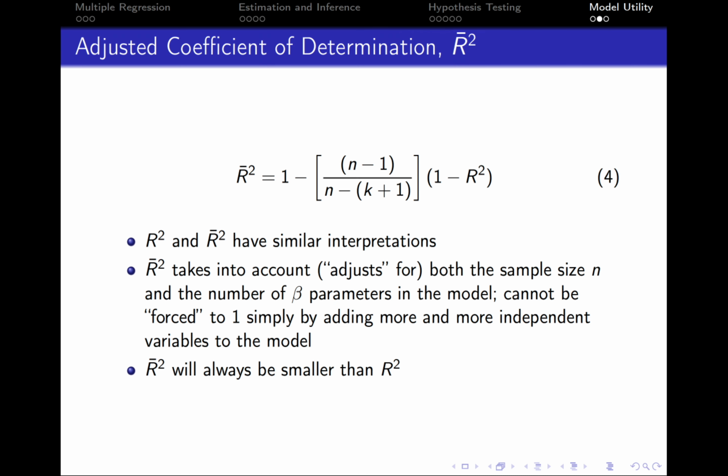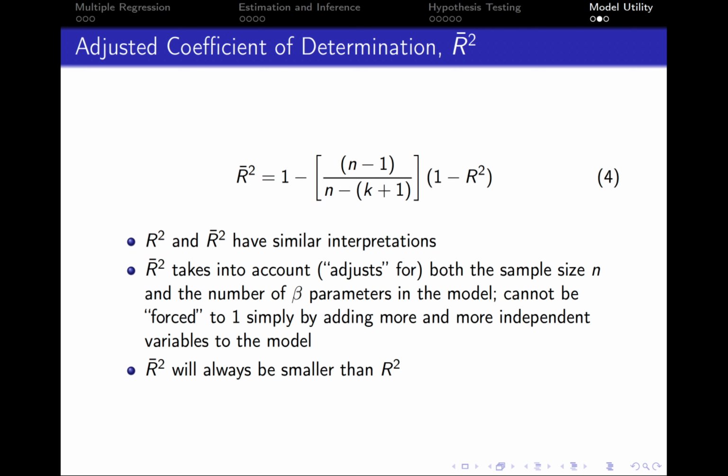But luckily, econometricians and statisticians have come up with a way to deal with this problem, and they've developed the so-called adjusted coefficient of determination, which is dependent on the value of the original coefficient of determination. But in comparison to the traditional R-squared, the adjusted coefficient of determination adjusts for both the sample size and the number of parameters.